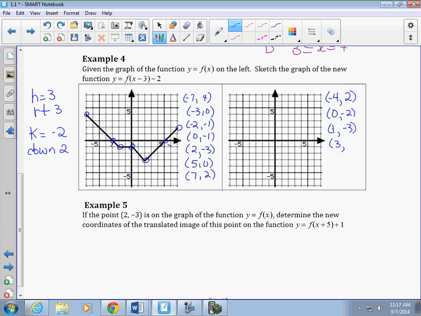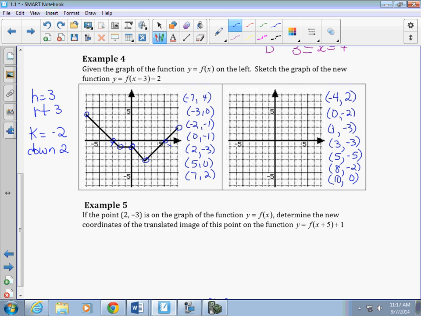And -1 minus 2, -3. 2 plus 3 is 5. -3 minus 2 is -5. 5 plus 3 is 8. 0 minus 2 is -2. And the last one is 7 plus 3 is 10. And 2 minus 2 is 0.